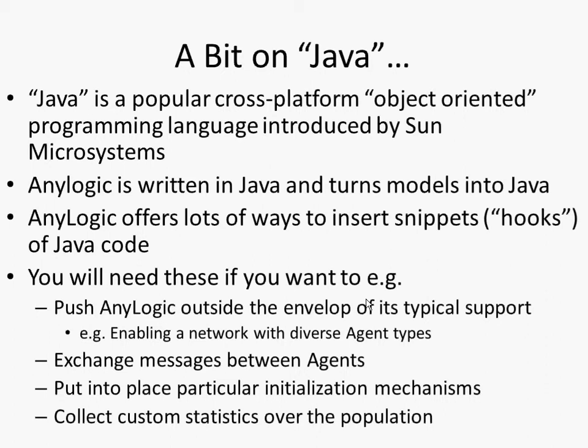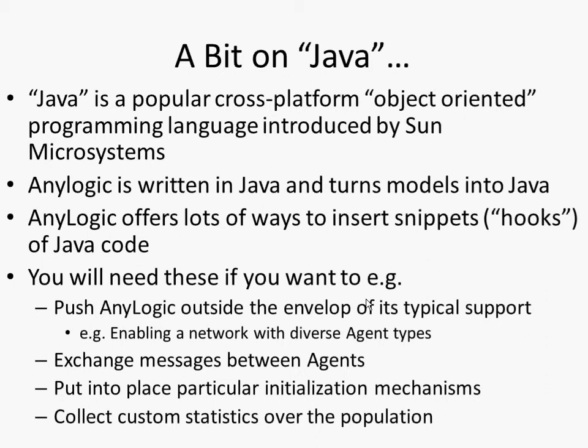Okay, AnyLogic is written in Java, and it turns models into Java, and the little bits of code that you're writing get woven in to the code that it produces. It has lots of ways to insert snippets of Java code, and it has lots of ways to interface to Java libraries or other code that other people have written.